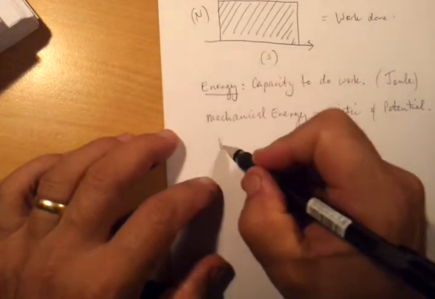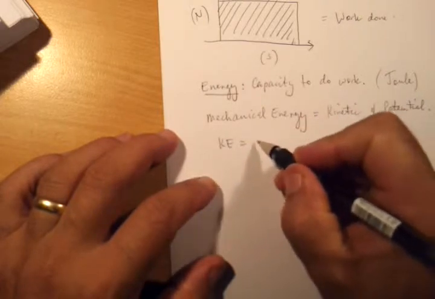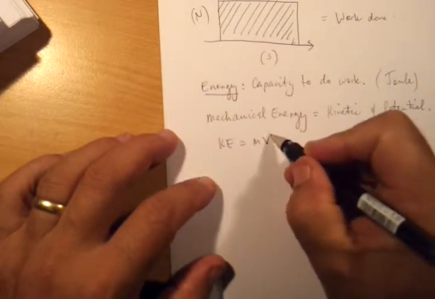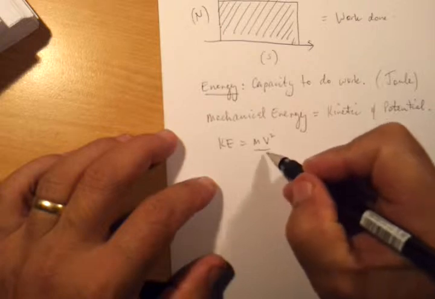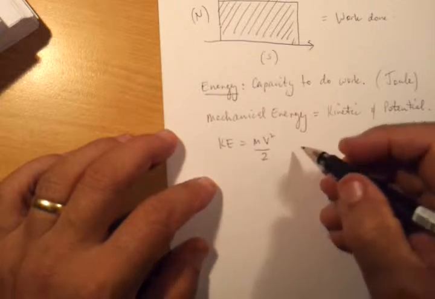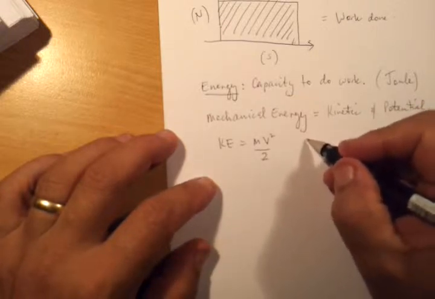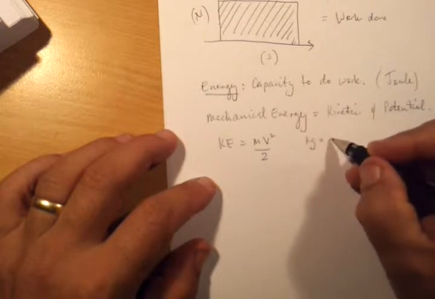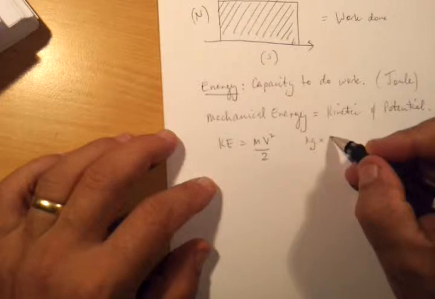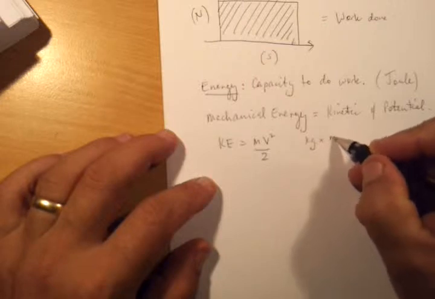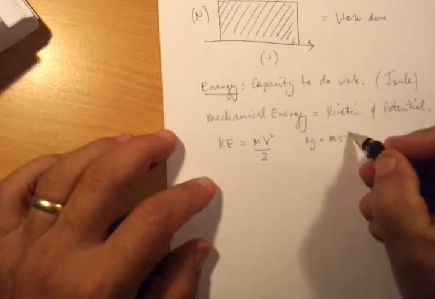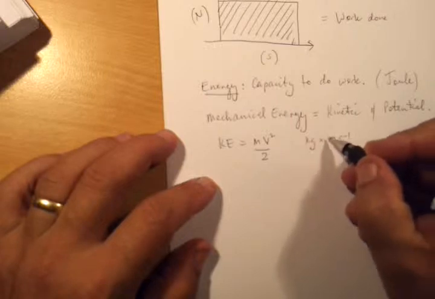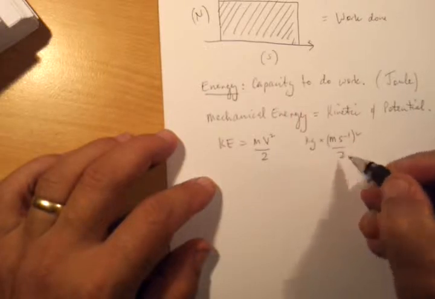So kinetic energy is defined as mass times the square of the velocity divided by 2. So if we were to work out the SI units for that, we're going to have kilograms multiplied by the velocity squared, which would be meters per second squared, divided by 2.